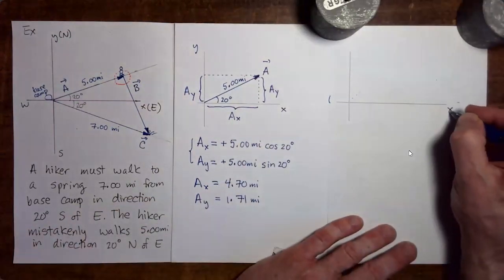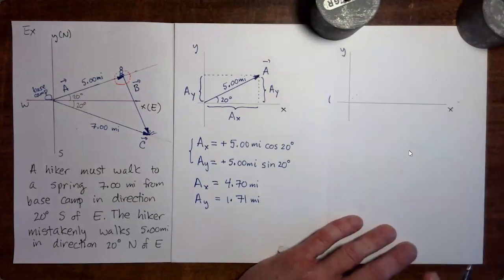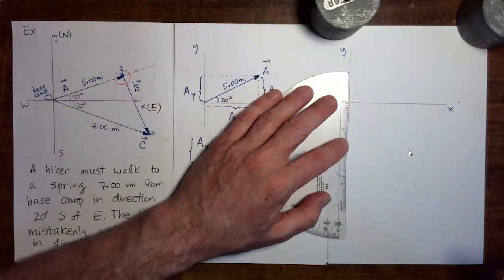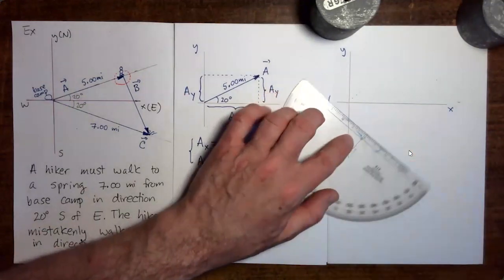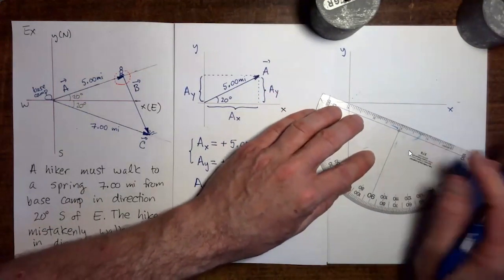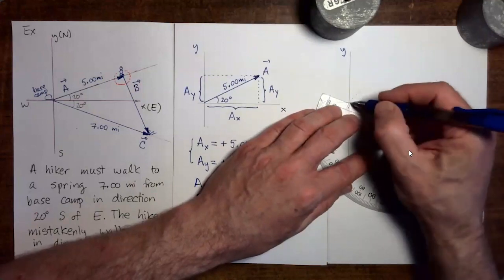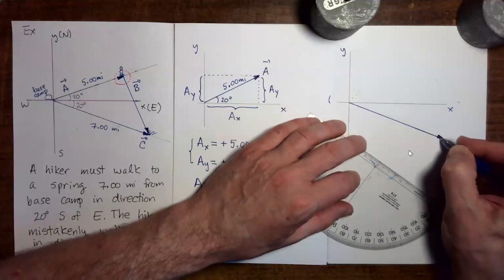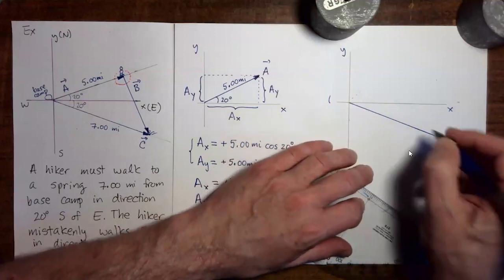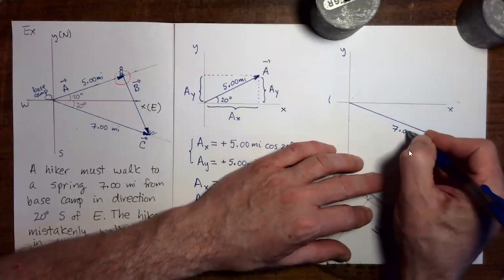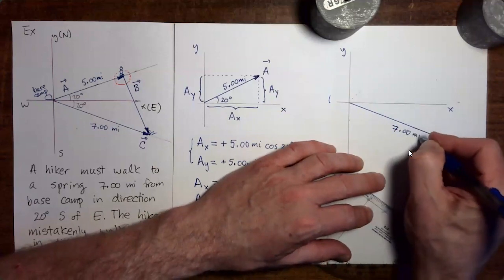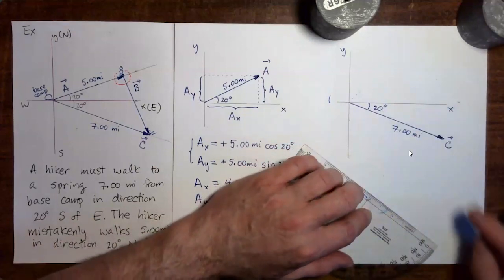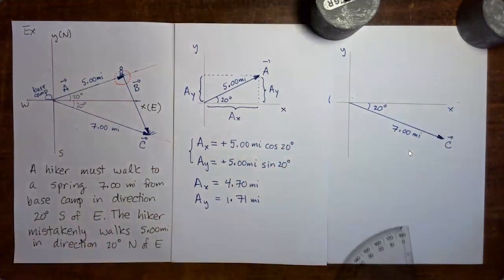So x-axis, y-axis. Vector C in here. Magnitude 7 miles. Makes a 20-degree angle with the plus x direction. It is 20 degrees below the plus x direction.